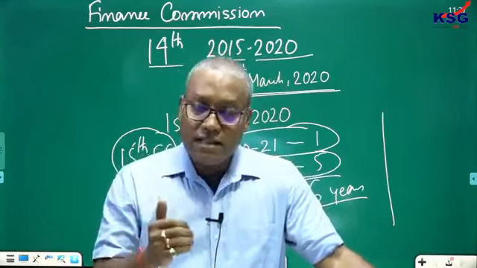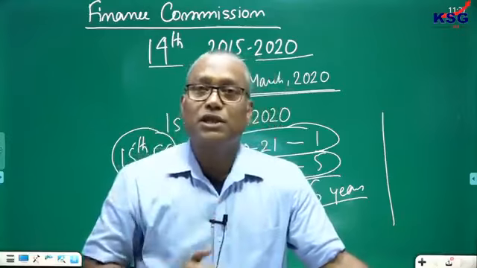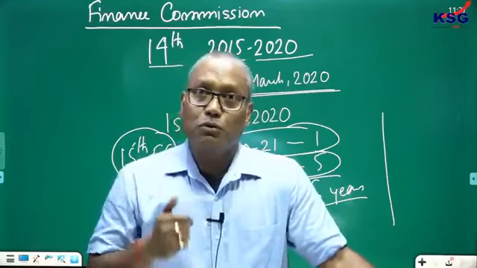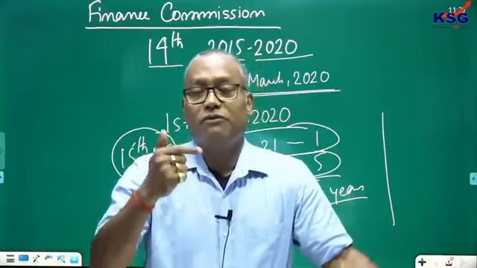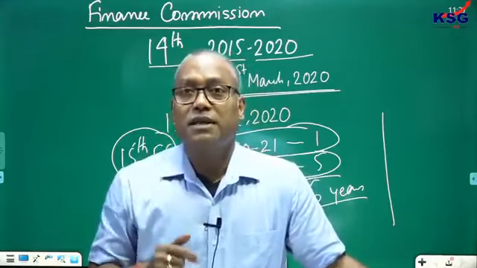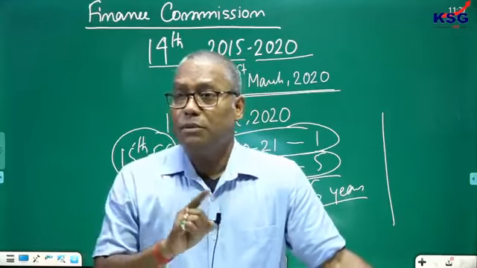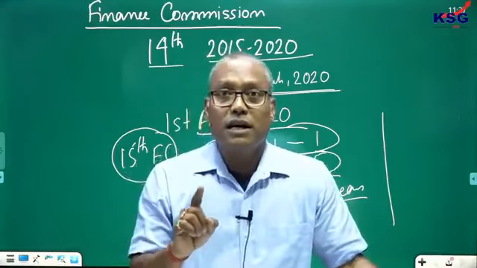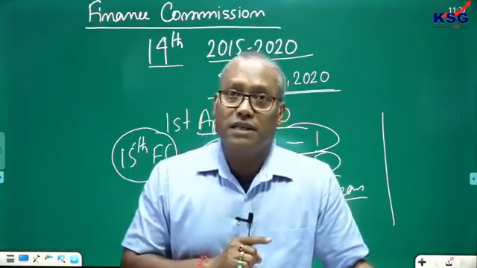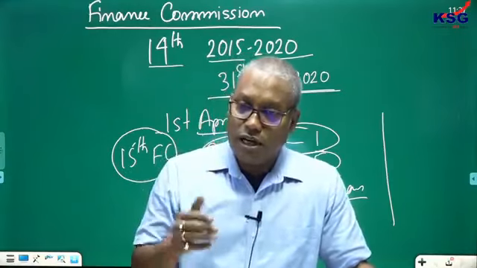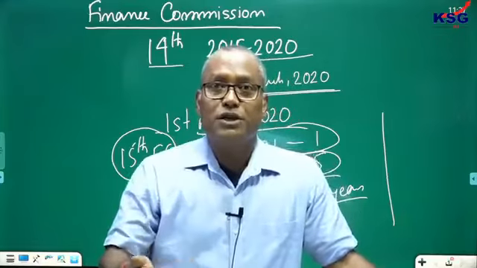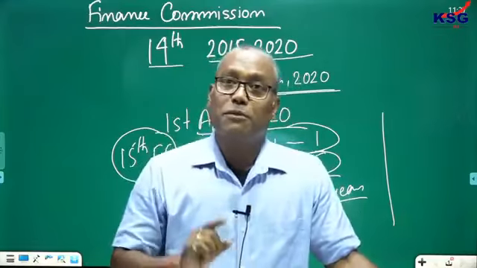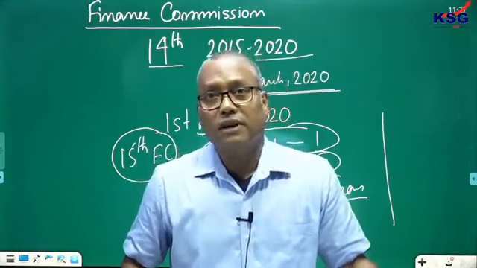Still, this amount is given by the center to states, through recommendations made by the Niti Aayog, but finally sanctioned by the Ministry of Finance. Because Niti Aayog now has no power to allocate funds. Yes, Niti Aayog can formulate the plan and ask the Ministry of Finance to allot this much fund, but the final decision is with the Ministry of Finance.